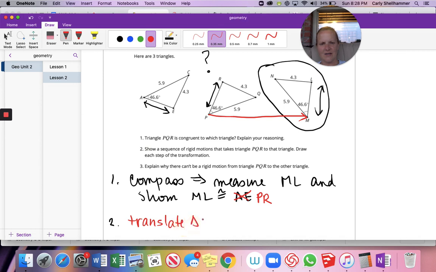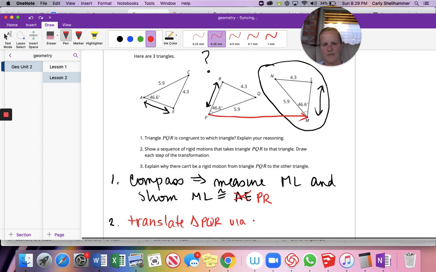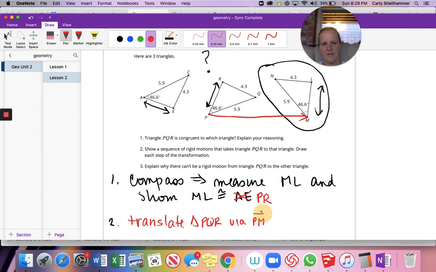Translate triangle PQR via directed line segment PM, and then that would mean it would look sort of like this. It's going to get a little messy, isn't it? So that would be P prime, R prime, Q prime.